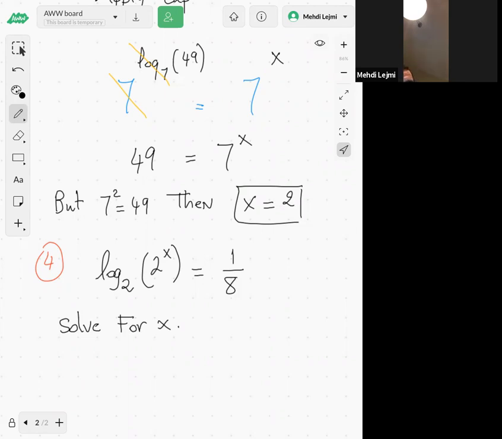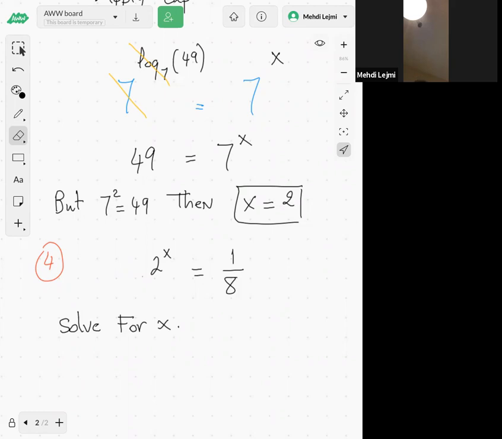Let's just take 2 to the power x here. I'm just going to take 2 to the power x without the log. Now let's change and take some exponential equations. So let's say you have 2 to the power x equal to 1/8.